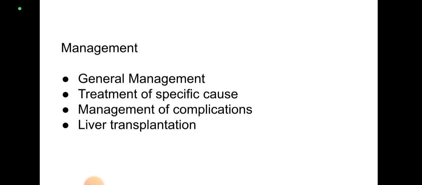Medications which are hepatotoxic or metabolized in the liver should not be given or should be given with caution. For treatment of specific cause, alcohol stoppage is mandatory in alcoholic cirrhosis, and specific therapy is needed in hemochromatosis and Wilson's disease.